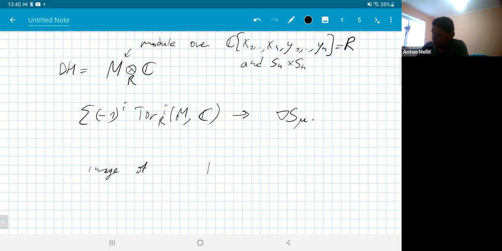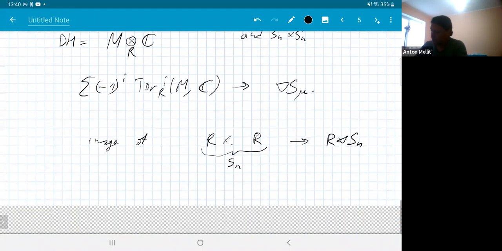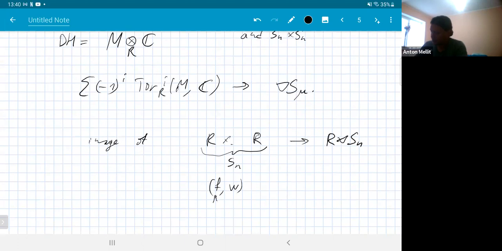so you take R, you do it Sn times and you map it to this, and the map sends F and W, so F is in R, W is in Sn, to the sum of W of F times the sum of pi in Sn of pi of F. I think something like this.